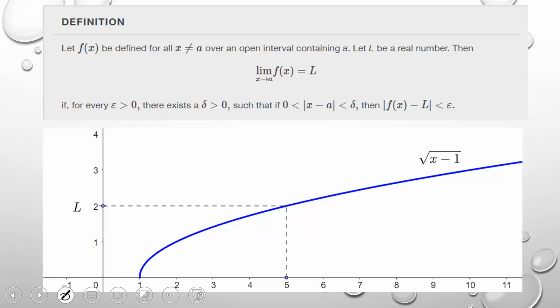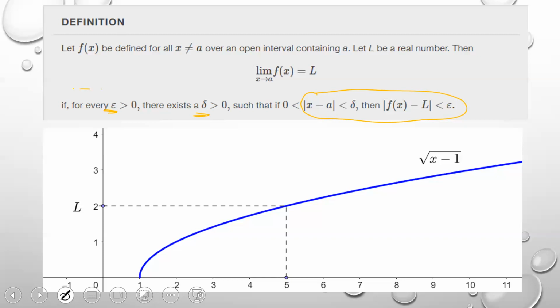First of all, if you're not familiar with Greek letters, this lowercase e looking thing is epsilon. This kind of O with a tail on the top is delta. The real key pieces of this definition are that if the absolute value of x minus a is less than delta, then the absolute value of f of x minus L is less than epsilon.